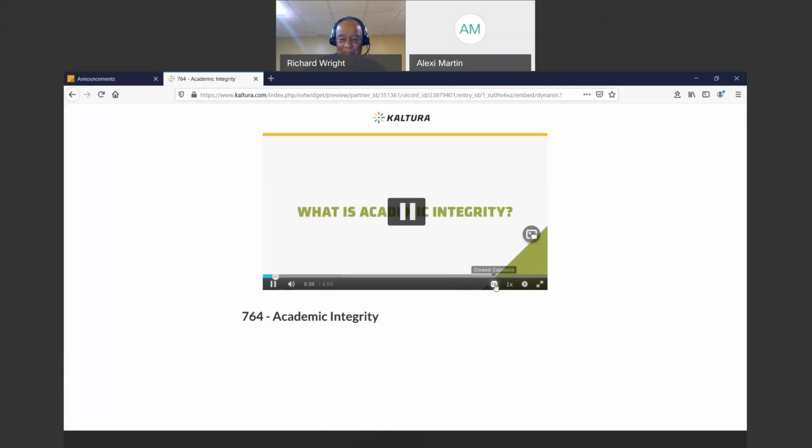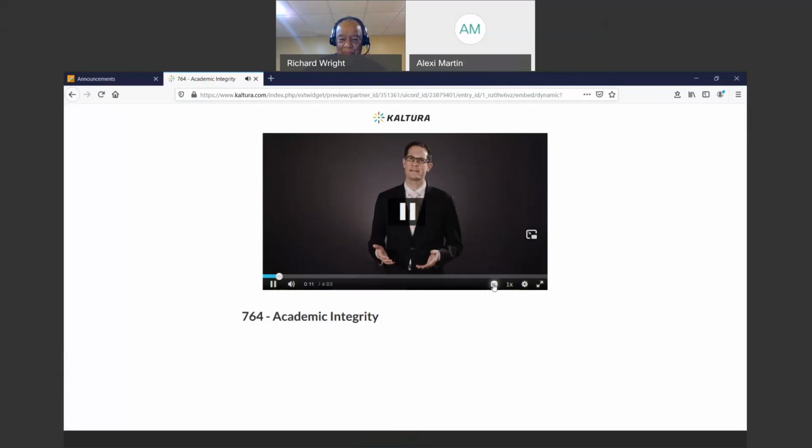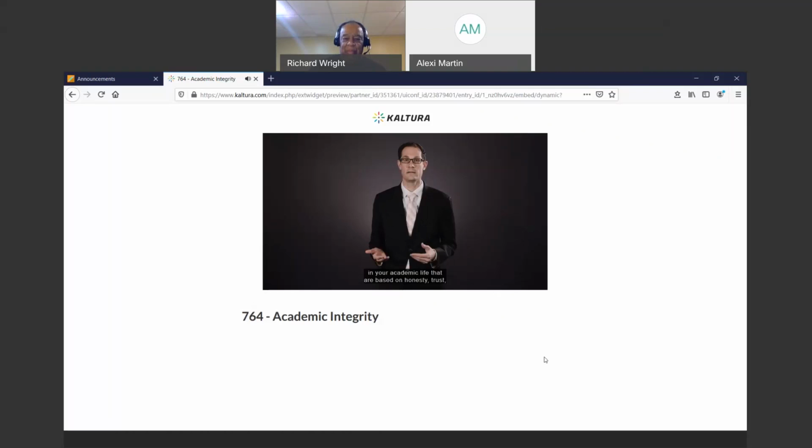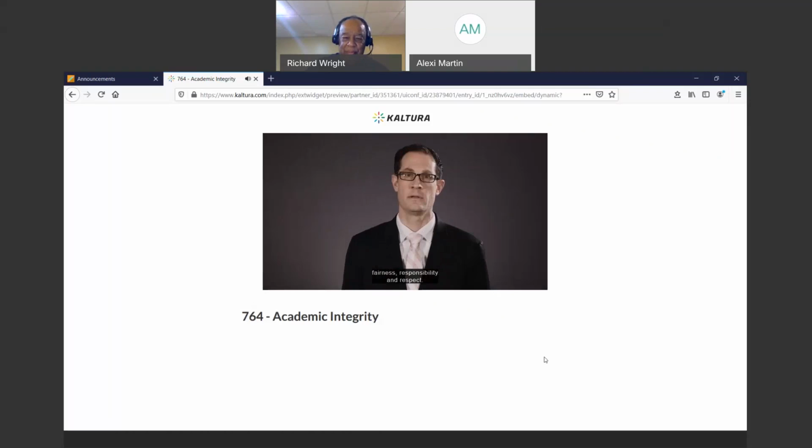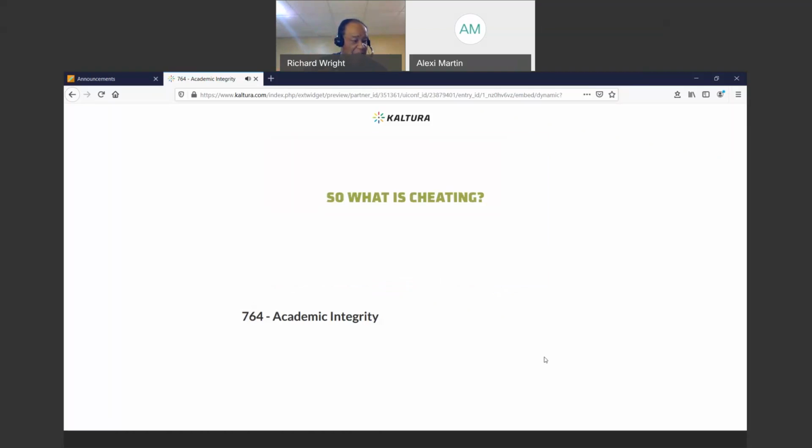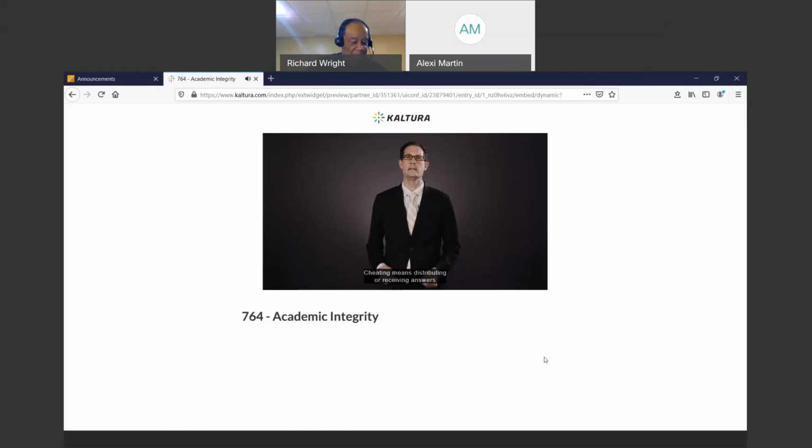What is academic integrity? Academic integrity is making decisions in your academic life that are based on honesty, trust, fairness, responsibility, and respect. This means being honest in the work you do, while respecting the work that others do. So what is cheating? Cheating means distributing or receiving answers or information by any means other than those expressly permitted by an assignment's requirements or an instructor.